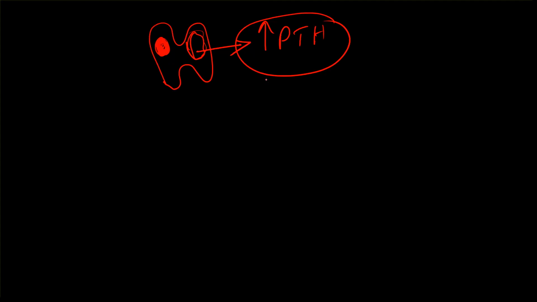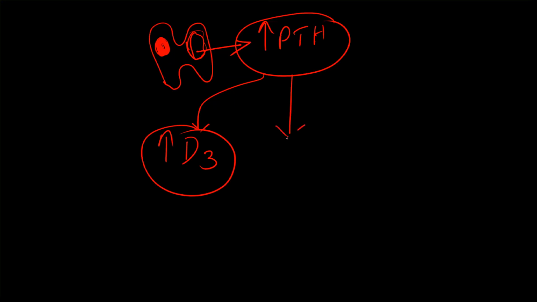What will happen? They produce more vitamin D3, right? And they increase the calcium level and they decrease the phosphate level. Understand? And now the parathyroid hormone is going to the bone.